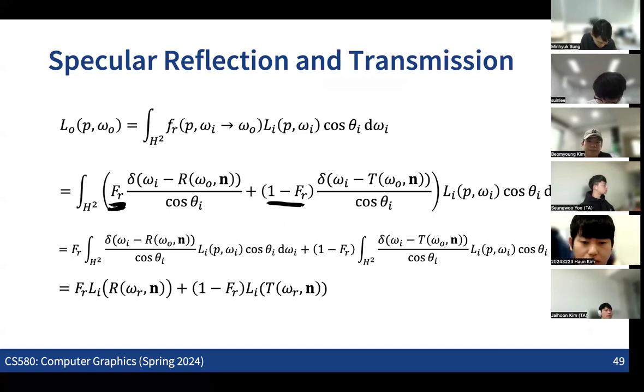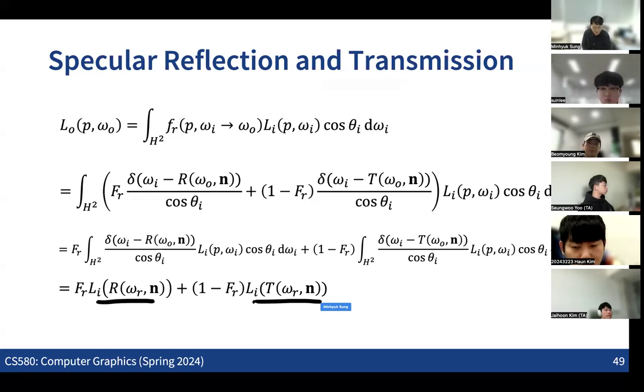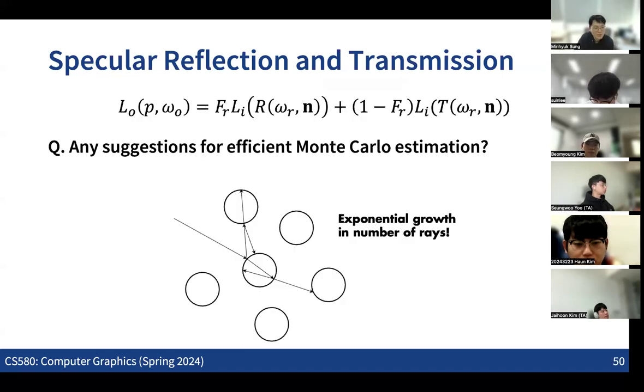What we can see is that we are shooting rays for this perfect specular reflection and transmission. We're going to shoot two rays: one for the reflection with this proportion, and one for the transmission with this proportion. Then we can do the same ray tracing for every bounce of the ray.